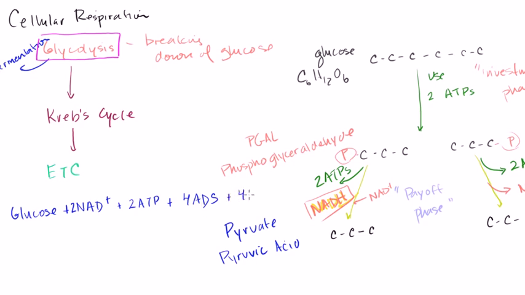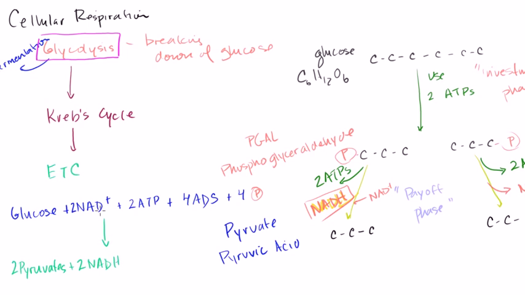Plus 4, I'll just call them. Sometimes they're written like that, but maybe I'll write it like this: 4 phosphate groups. I'll do 4 phosphate groups like that, and then once you perform glycolysis, you have 2 pyruvates. You have 2 NADHs.